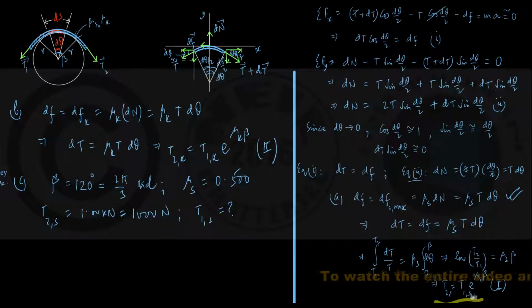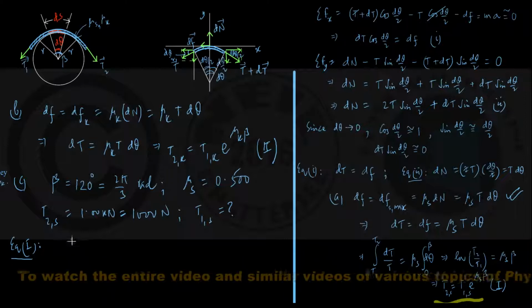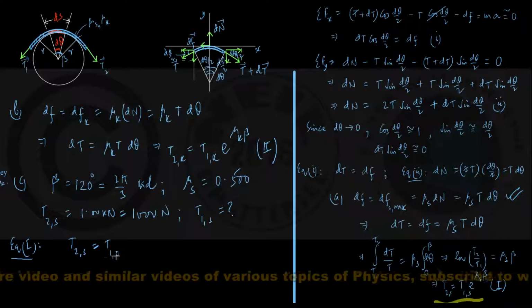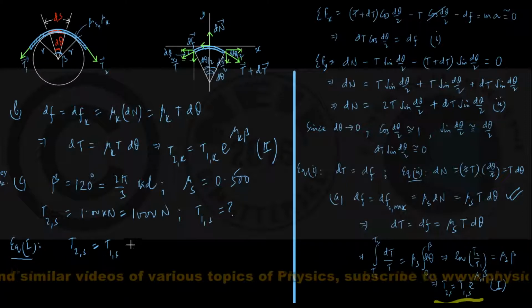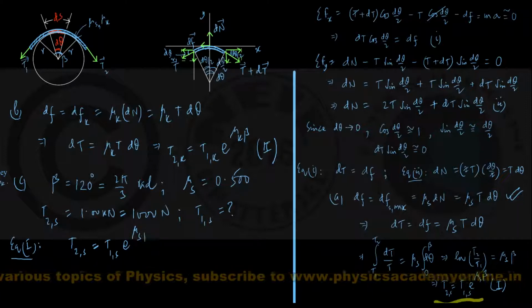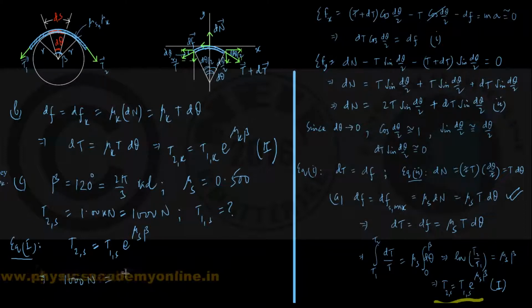So we recall equation number 1 from here, the result 1 rather, and the result 1 is giving us T2s is equal to T1s into e to the power mu s into beta. Putting the values, T2s is given to be 1000 Newton, T1s is the unknown quantity, e is Euler's number.